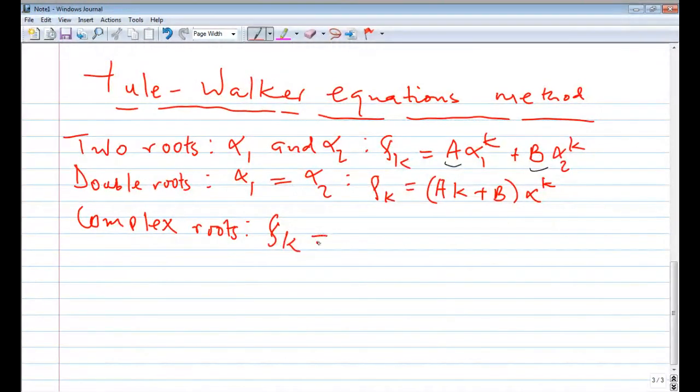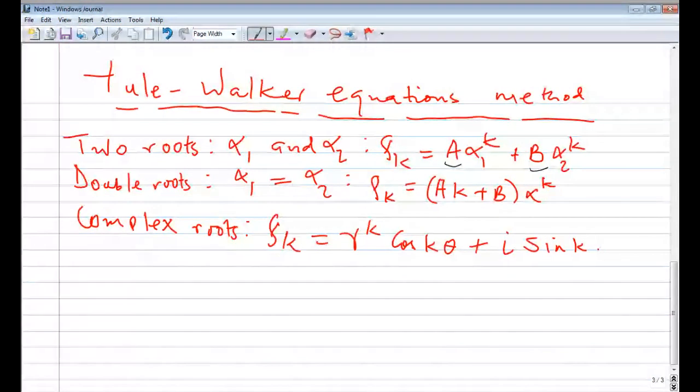rho k equal to r to the power k, open brackets, cos k times theta plus i sin k times theta, then you close the brackets. So this is the equation when you have got the imaginary roots. Your roots contain i's.